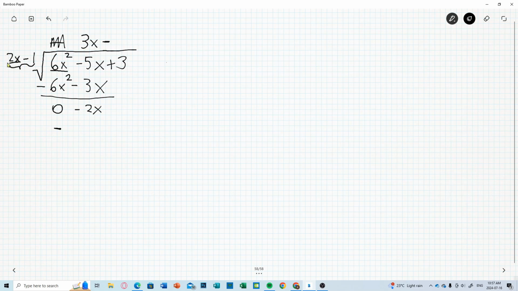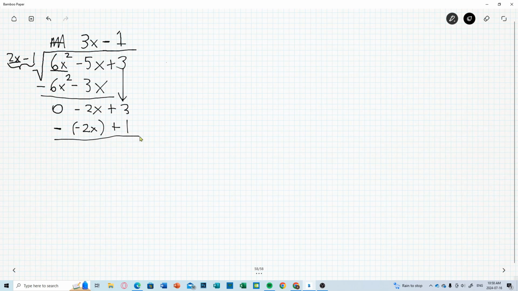But we don't need to change the 2x at all because it's already in 2x. So we're going to have it subtracted by 1 here. So we're going to subtract negative 2x. And we're going to bring down the plus 3, like always, with long division. But our negative 1 is now going to become a plus 1.